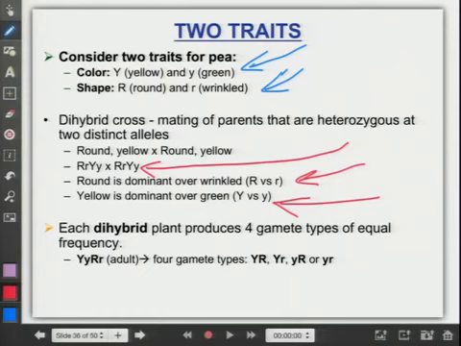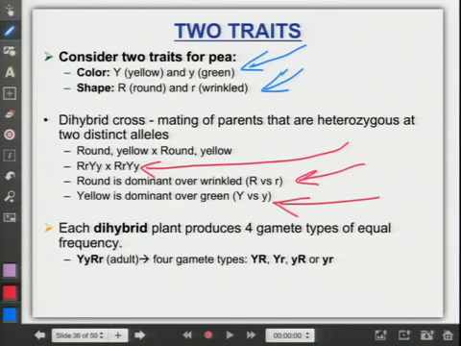But if we're just given, remember, purple and white, we want to look at the F1. We set up the parentals, we make the two true breedings, and then whatever shows up phenotypically in the F1, the heterozygote, that's the dominant phenotype.